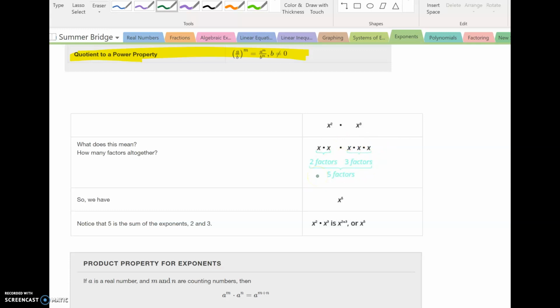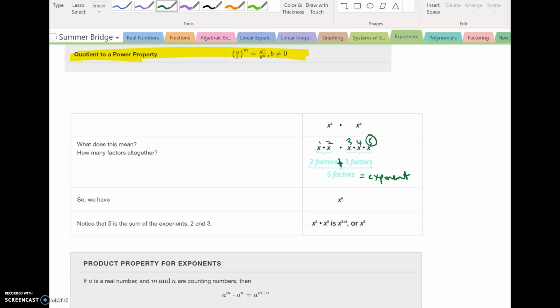So then if I start counting how many x's I have, 1, 2, 3, 4, 5, the total number of x's that I have is going to be my new factor, or my new exponent. So really, we're just taking the two exponents and adding them together.